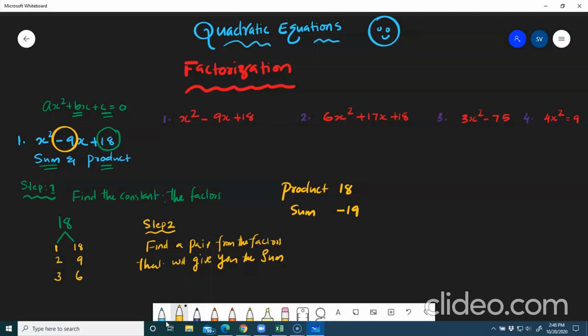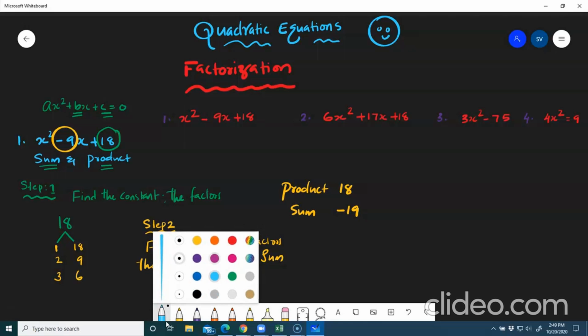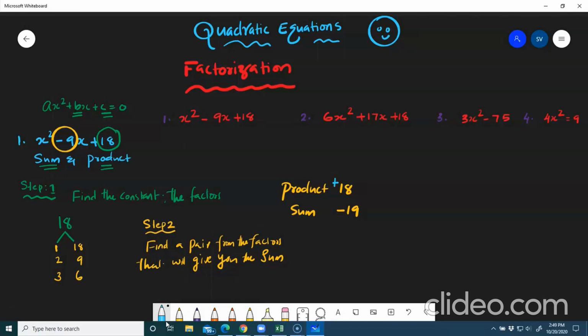At this point you need to decide: the product is positive and the sum is negative, which means both the numbers will be negative, because the product of two numbers is positive only when both are positive or both are negative.